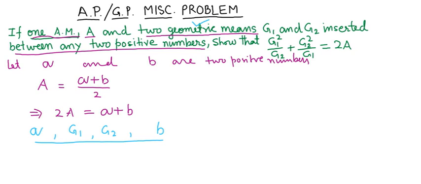As we have discussed in our earlier videos, if we have two positive numbers a and b, and there are G1, G2 and so on up to Gn geometric means between these two, then the common ratio will equal (b by a) raised to the power 1 upon n plus 1.